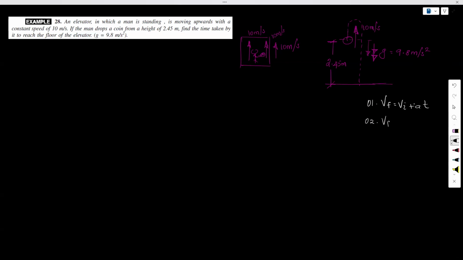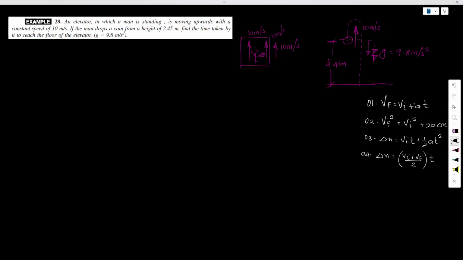The second equation is Vf squared equals Vi squared plus 2a delta x. The third one is delta x equals Vi t plus half a t squared. And last but not least, we have this equation which we usually do not use in many questions, but it comes in handy in some questions.